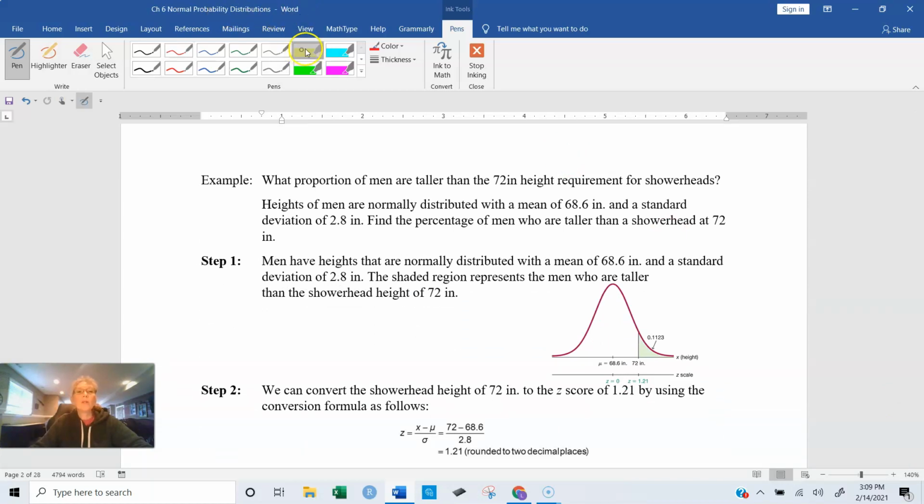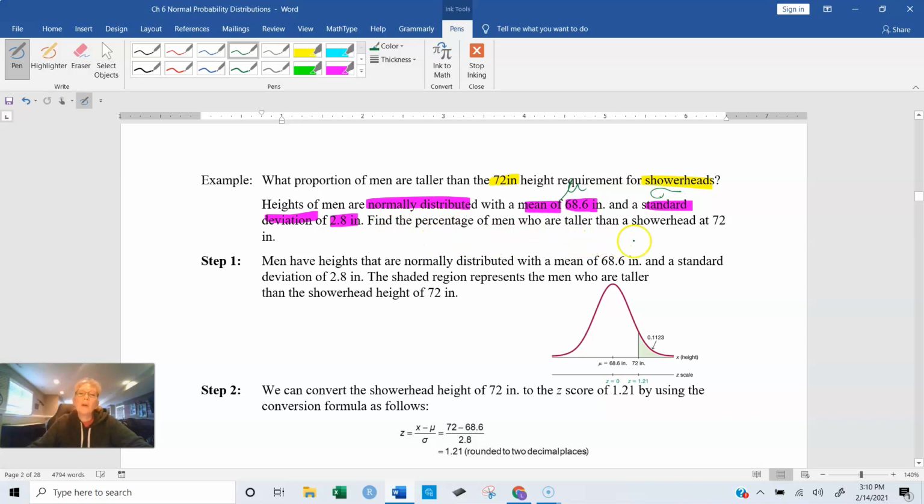All right, here's an example. We have a proportion of men who are taller than 72 inches, because this is the height requirement for a shower head. How many men are too tall for a standard shower when we walk in is what we're looking for. Now, heights of men are normally distributed, so I have a normal distribution with a mean of 68.6 and a standard deviation of 2.8.